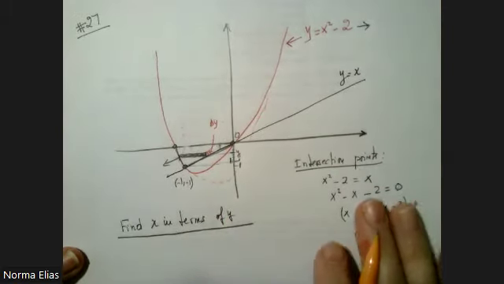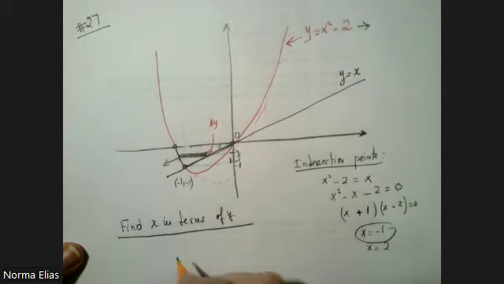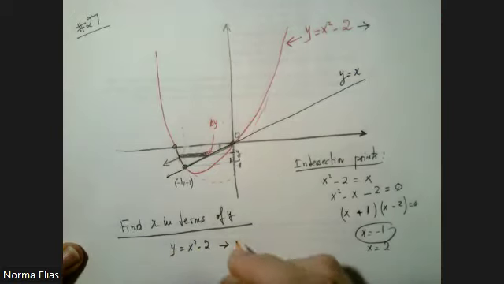Now y equal to x, there is nothing to do about that. We have y is x squared minus 2. It means x squared is y plus 2. It means x is plus or minus the square root of y plus 2.